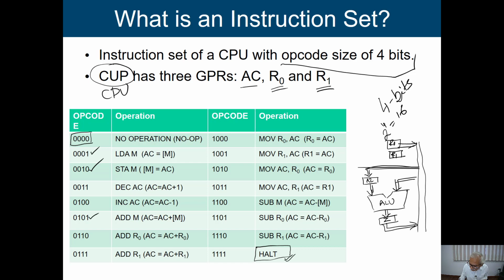They are also connected to this bus bar, so that we can transfer information from register R0 to the accumulator, or from register R0 to some memory location. These are the provisions that we should have.